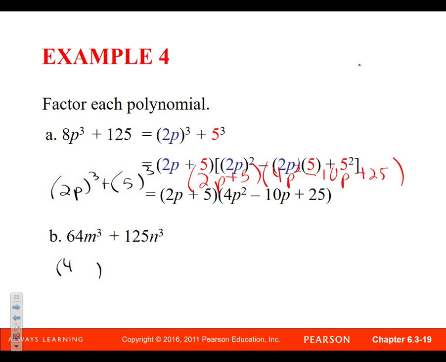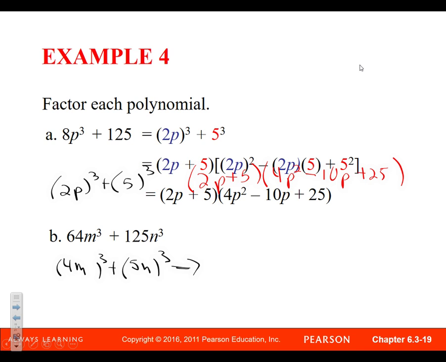4, right? So this would be 4m to the third. And the square root of that's going to be 5n to the third. So then you should just factor it that way. Can you go from there? You have a calculator. Do you know how to find the third root of that? On this? Yeah. You see this one right here?